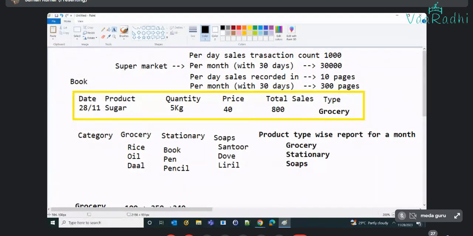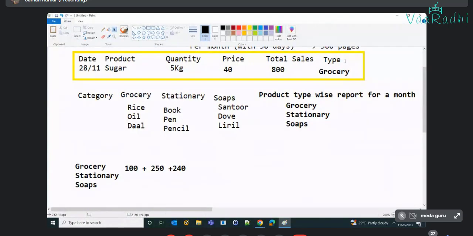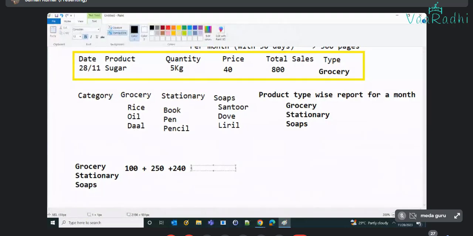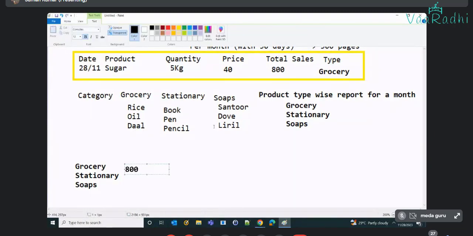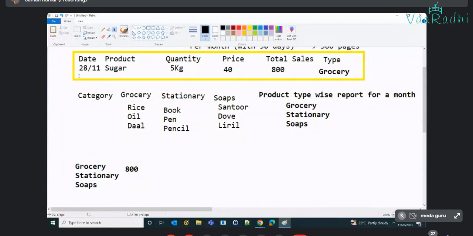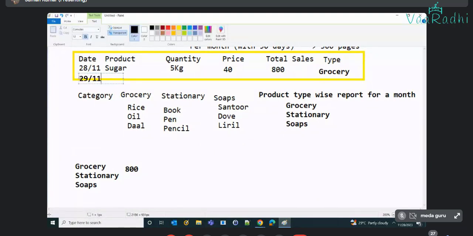See, I'll go to page one. Okay, in page one, this is grocery, 800 rupees. Let's add 800 rupees. In case I'm adding one more entry on the 29th November, I'll add books.